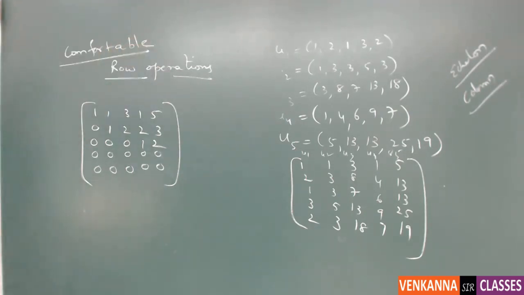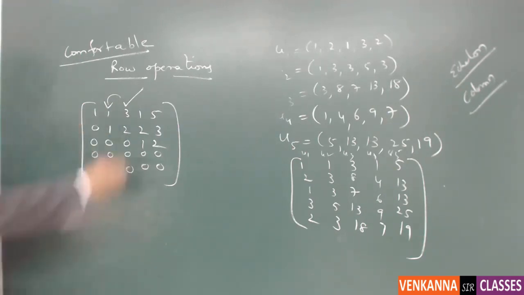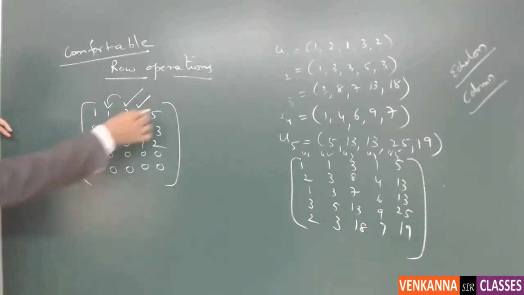So what is the only difference between the previous method and this method? We consider the vectors as columns of the matrix as it is. We apply row operations as usual. We reduce that into echelon form, and then we observe the columns, what are the dependent columns and what are the independent columns. If you observe that this column is dependent on this, which is independent, you can make it 0. Again, you can say this column is independent and it is dependent on this.